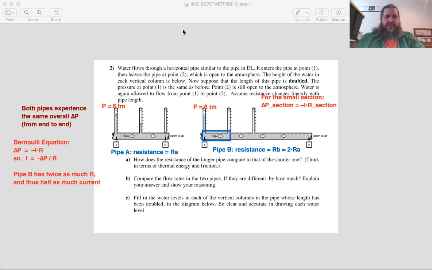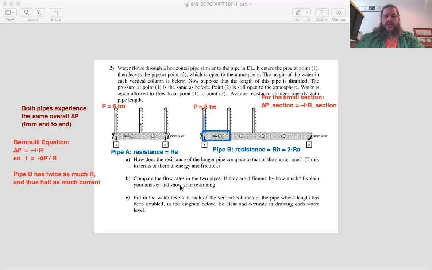If we compare that, though, what's a corresponding section of pipe A, which we do know about pressure, that would have the same amount of resistance? Wait, so when we calculated in part A, that does not apply to the entire pipe, is what you're saying?